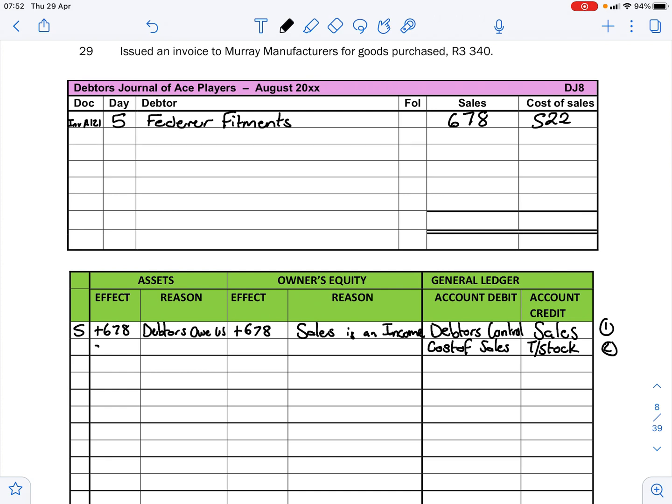Right, we then have a minus 522 under assets and owner's equity. Trading stock is an asset which is decreasing. Let's just put a minus sign here, it's decreasing. And cost of sales is an expense which decreases owner's equity.